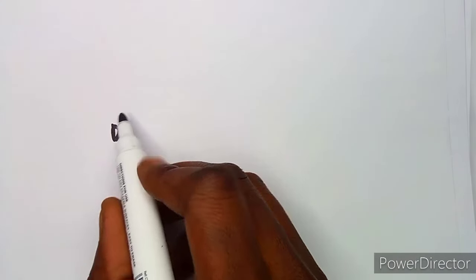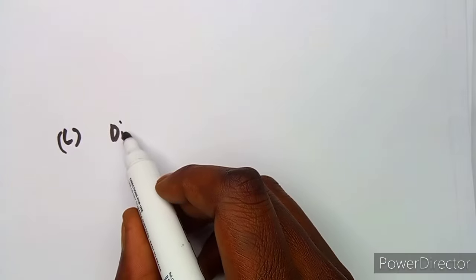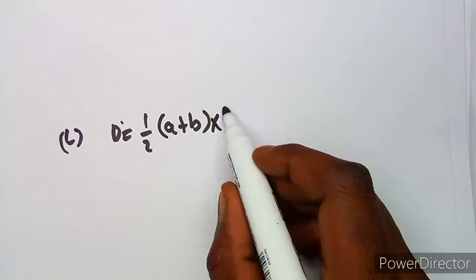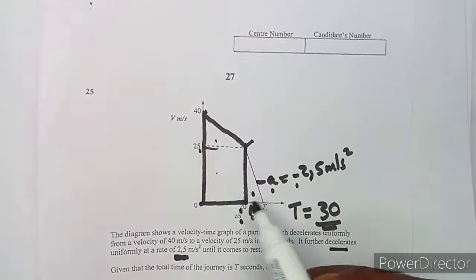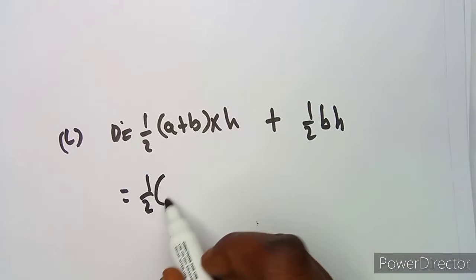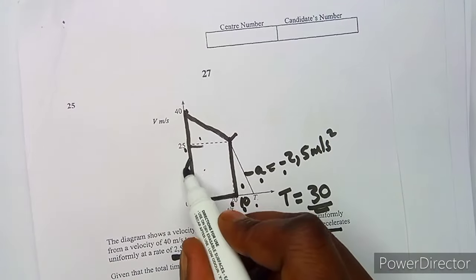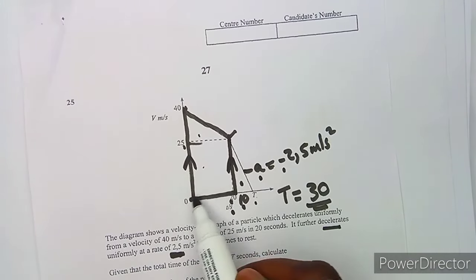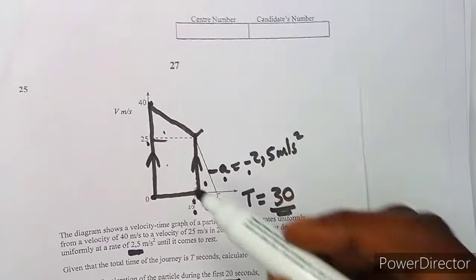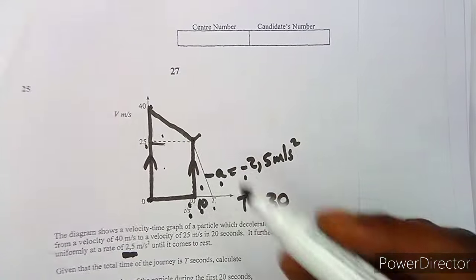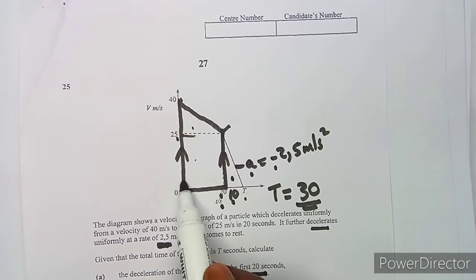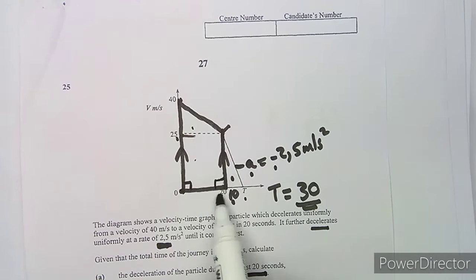Since I know that the area of a trapezium, and remember distance is equal to area, is half the sum of parallel sides times the perpendicular height, plus a triangle, which is half base times the perpendicular height. So that's it, guys. Half the sum of the sides which are parallel, a and b. These are the sides which are parallel, from this point to this point, that is 40, plus from this point to this point, which is 25, times the perpendicular height, which is 20.